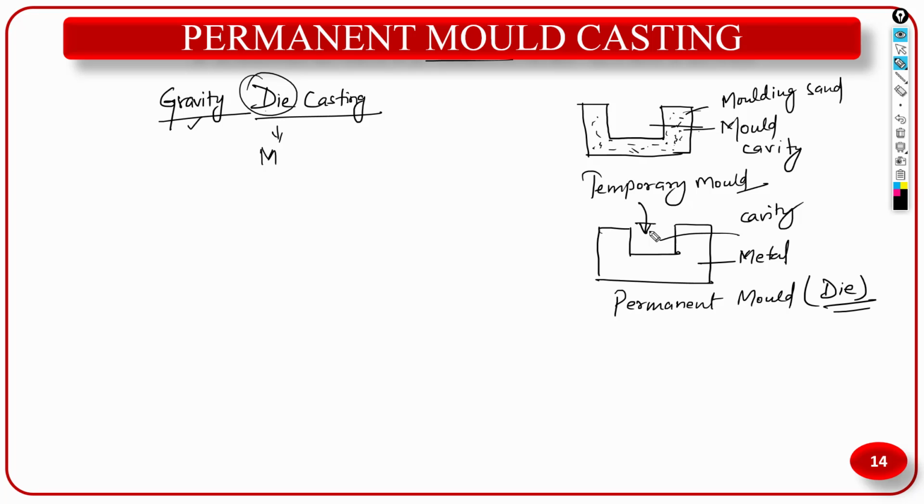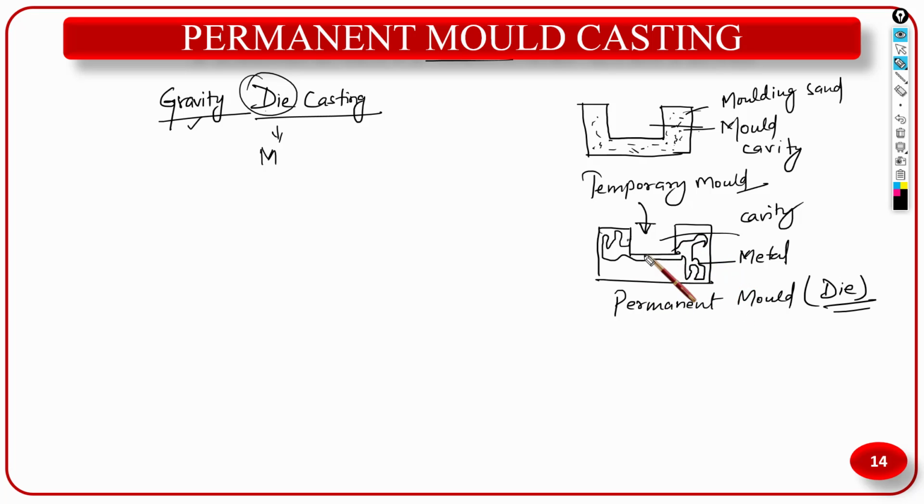There is no pressure applied over the molten metal, and it is not forced inside the cavity. So when it is not forced, only simpler cavities will be filled. If the cavities are very complicated, like this kind of cavity, it will not work.